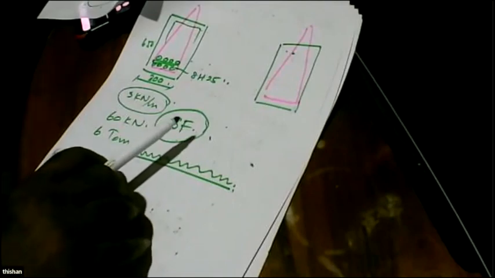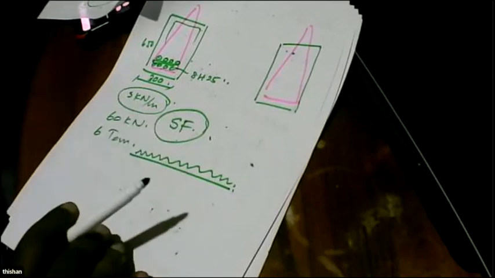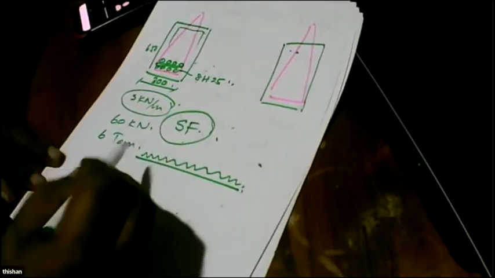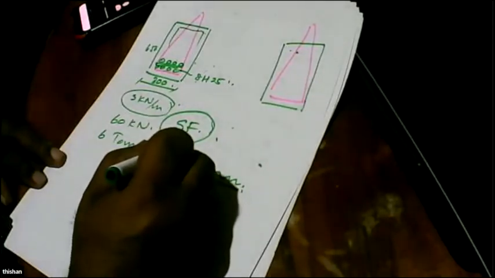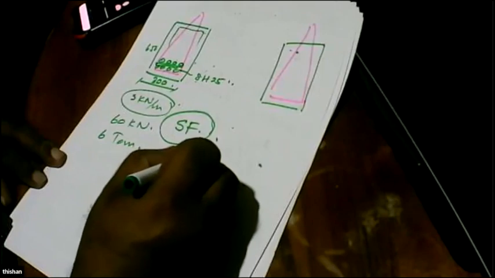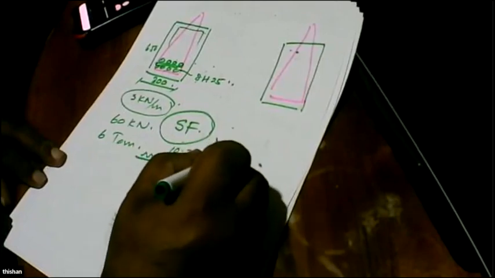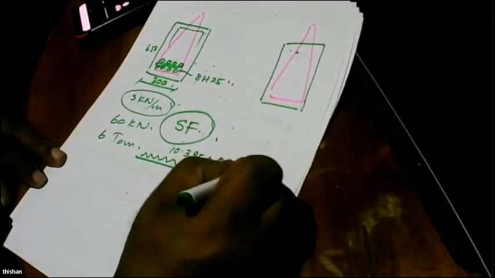So I think it will be about 11 plus the self weight. So it may be about 10.395 plus self weight of 5 kilonewtons per meter, which is about 15.395.